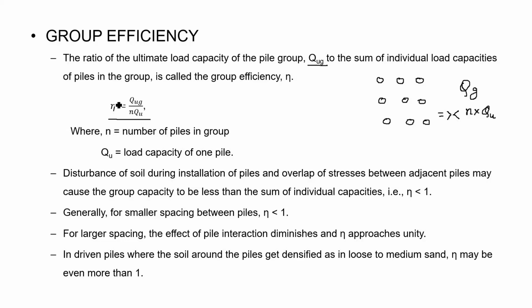Sometimes this efficiency can be equal to 1, greater than 1 or smaller than 1. Most of the time it is smaller than 1, but based on the soil strata condition, spacing of the piles and other parameters, the efficiency of the pile group can be found.